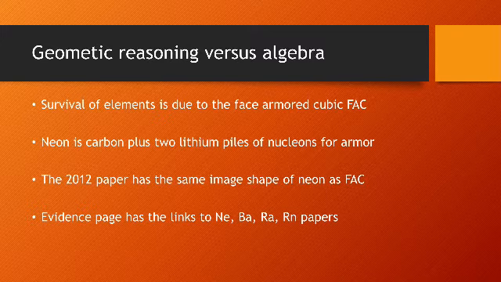It has links to this neon explanation, also pictures for barium, radon, and radium. So thank you very much for listening to my presentation today. I think I'll just go back to looking at the camera as I'm going to make my final plea.